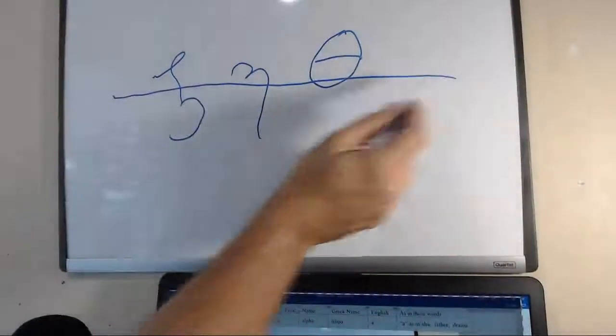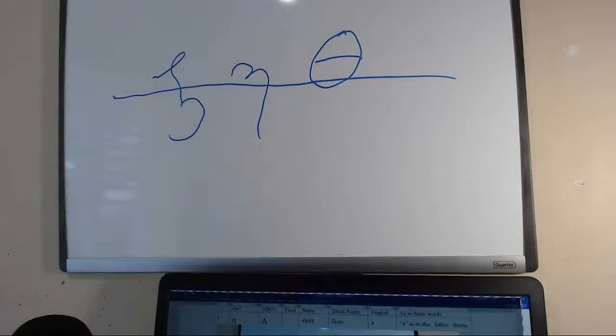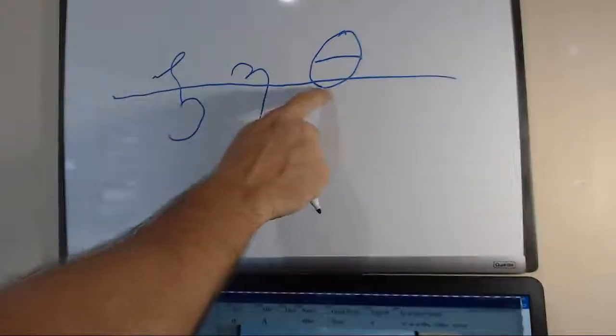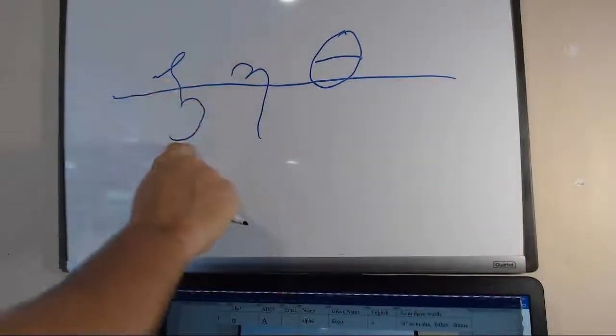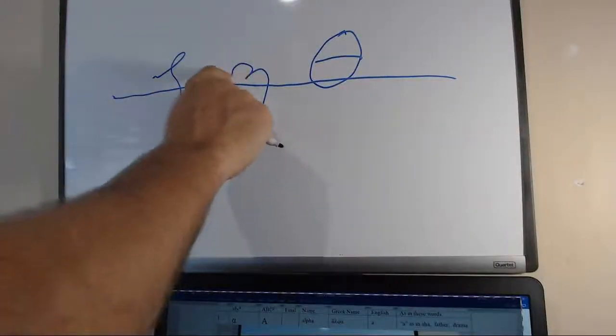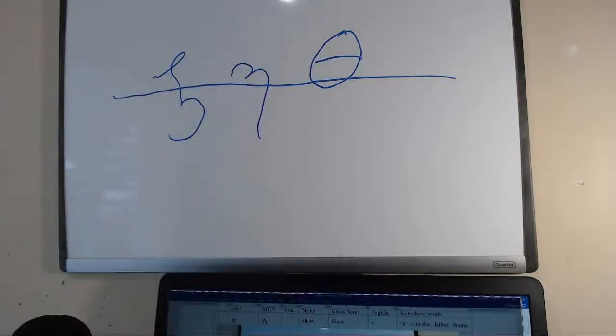This will be where your line is, so not below here, but below, when you get to the zeta, the eta looks kind of like an N, but it's not. It's the eta sound, and then the theta is TH.